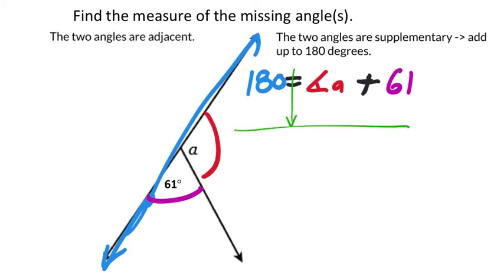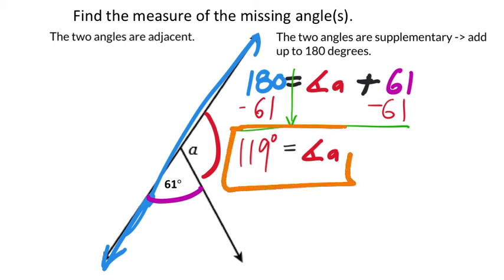I want to zero out that 61 so that I can just drop my angle A right here, which is what I'm solving for. So that's what I'm going to do, minus 61 from both sides. So this one, 119, looks like. And again, it's the actual angle right there, so it's 119 degrees. I only had to solve for one angle right here. No problem.